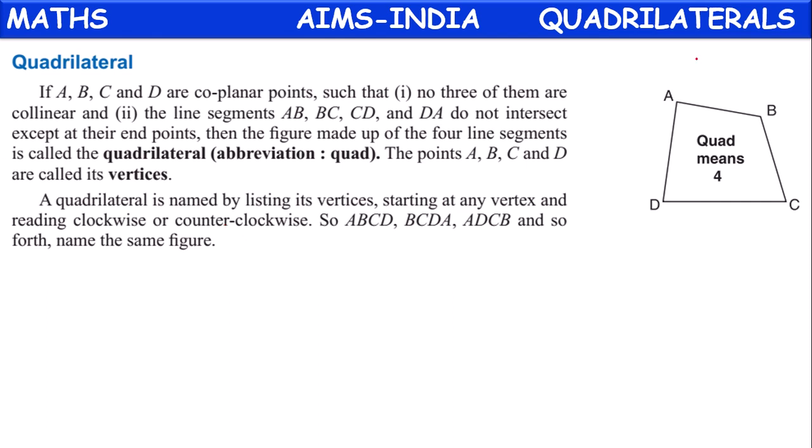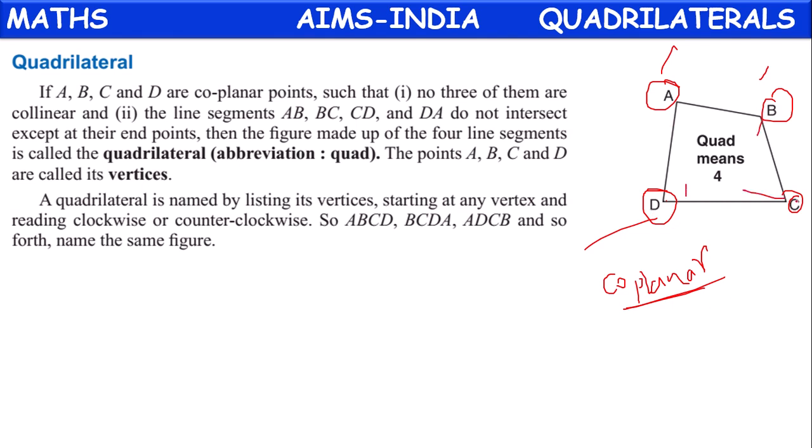Means we have A, B, C, D, 4 points which are coplanar, lying in the same plane, and no 3 of them, you can check any 3, are lying on the same line. So they are not collinear. In the same way, D, C, B not collinear, C, B, A not collinear. So any 3 points of them are not collinear.